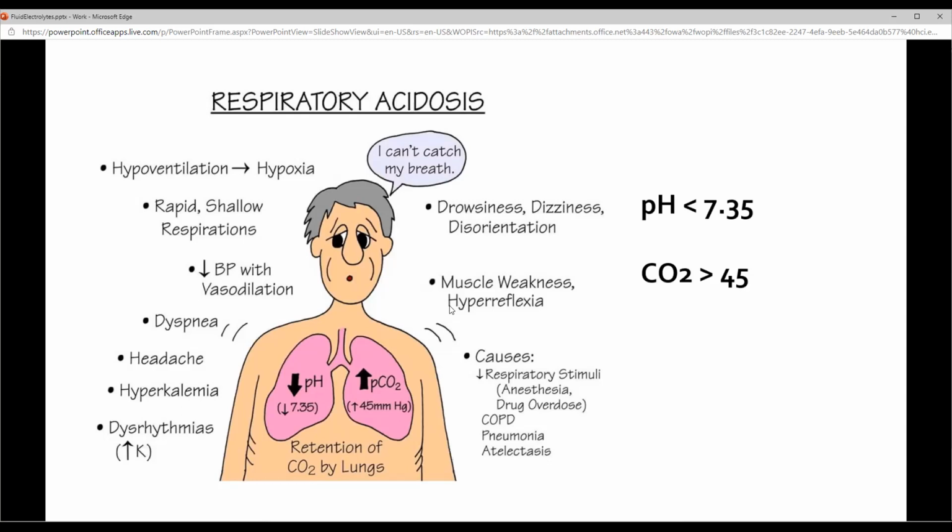So for example, a heroin overdose, opiate overdose, anything that causes hypoventilation is going to also put us at risk for increased CO2. If my respirations are slow and shallow, I'm not breathing off enough CO2. So anything with lung disease and opiate overdose are going to be the main culprits of retained CO2. And then you see the different signs and symptoms, okay?